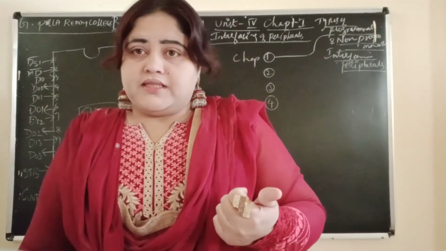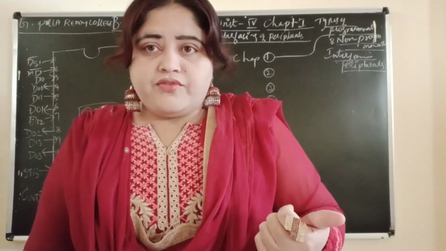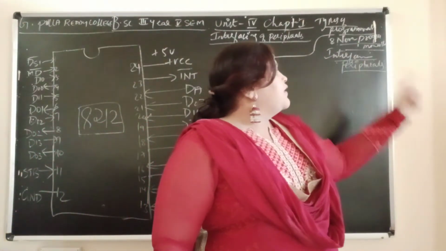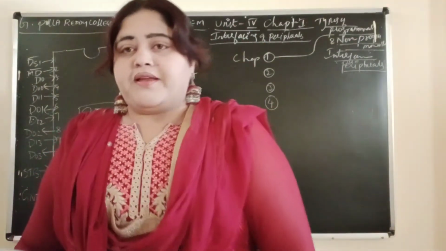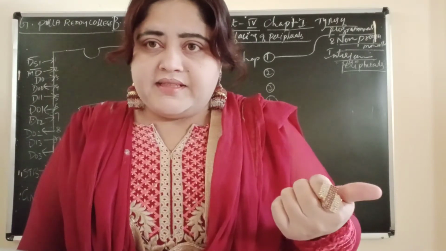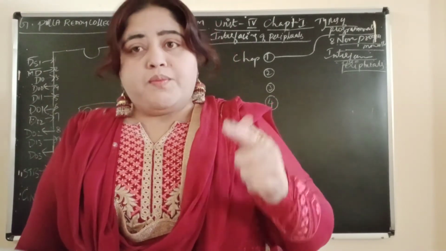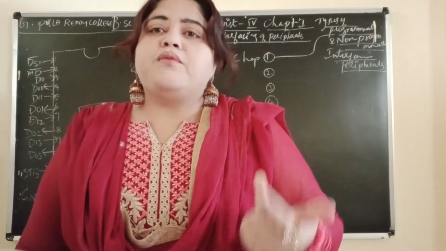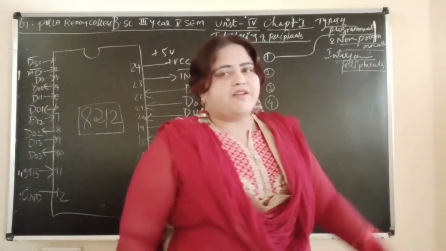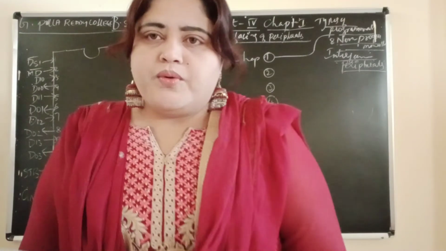What is this first chapter name? Types of programmable and non-programmable interfacing peripherals. We are connecting programmable ICs and non-programmable ICs to the microprocessor. Peripherals again means input and output devices.